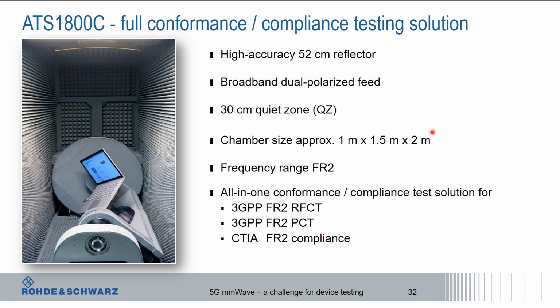Again, if you compare this quiet zone size with direct far field, you would need for 30 gigahertz 18 meter distance. So you end up in about a 20 meter chamber, where this chamber is, as I said, 1 by 1.5 by 2 meter, and thumb. So you of course tremendously shrink the space requirements you're having. So this was for CATR.